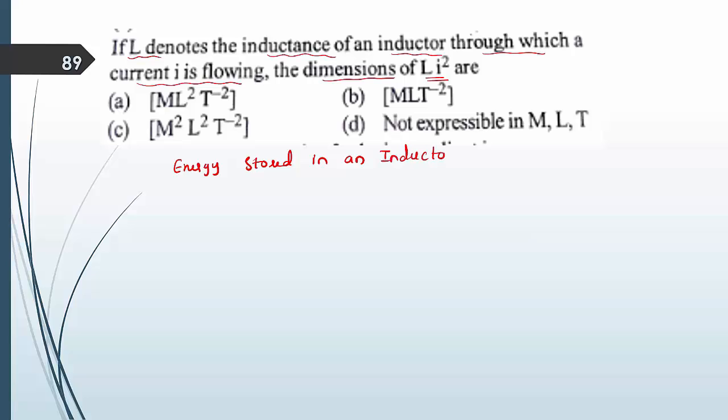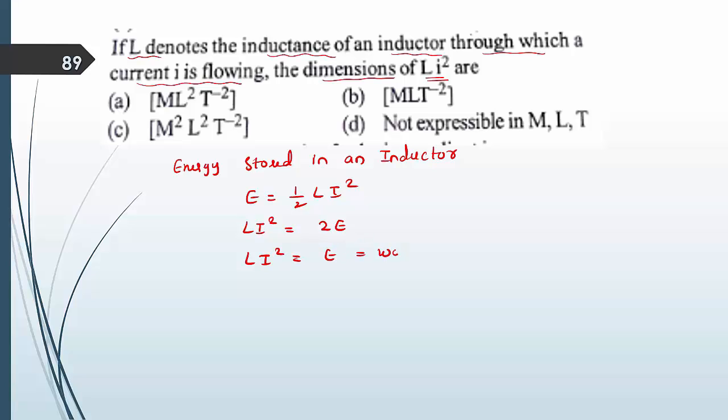Energy stored in an inductor is given by the equation E equal to 1 by 2 Li square. The given equation is also Li square here, or we can write this equation as Li square is equal to 2E. 2 is dimensionless, leave it. Li square equal to E.